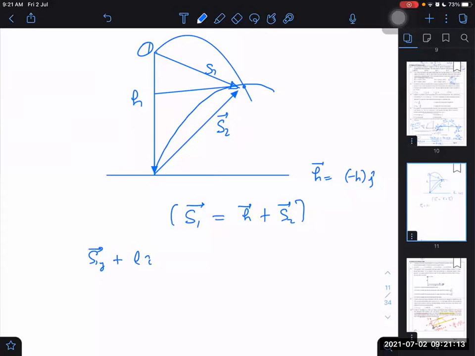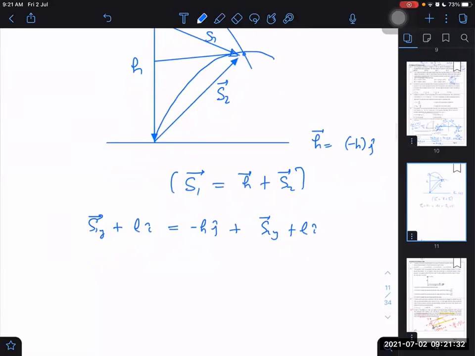S1Y plus L i cap is equal to, H being along minus j cap, minus H j cap plus S2, which is S2Y unknown plus L i cap. Right or not? So L i cap is getting cancelled. I am getting S1Y vector is equal to minus H j cap plus S2Y vector.